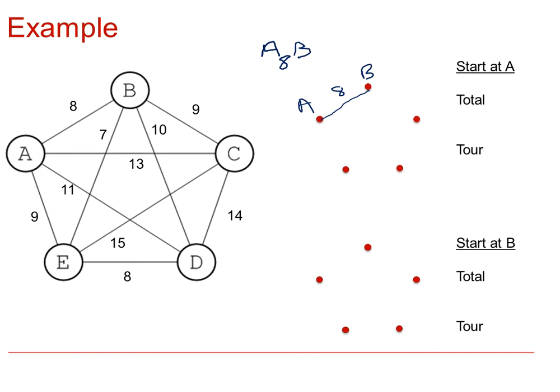Then, given that we only now consider the arcs coming out of B, we would compare the 7 between B and E, the 10 between B and D, and the 9 between B and C, and therefore the smallest one, or nearest neighbour, would be E at 7.